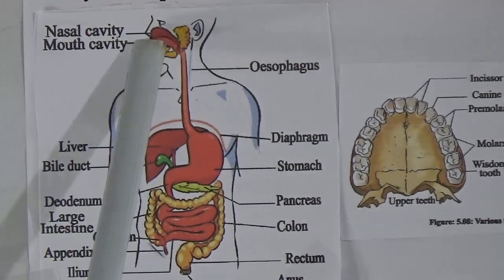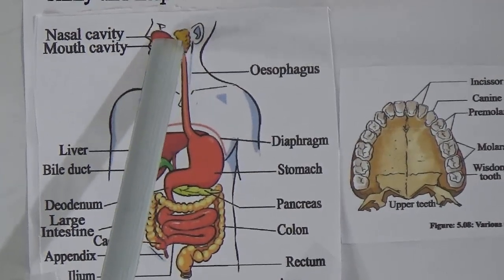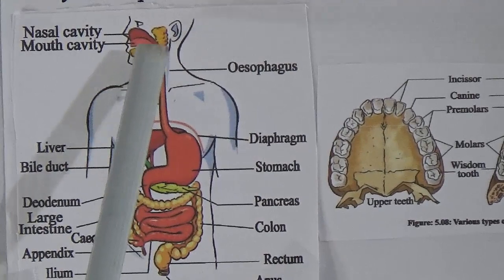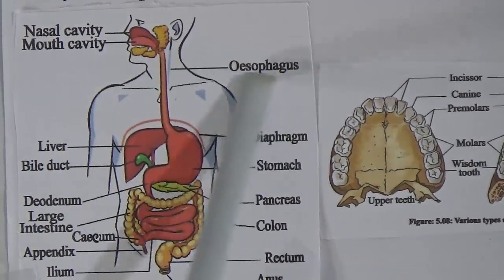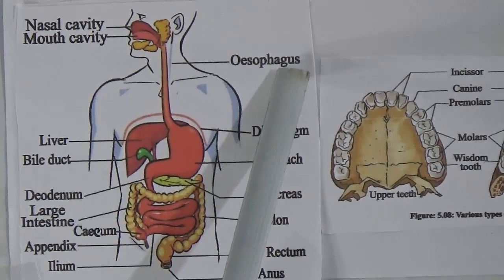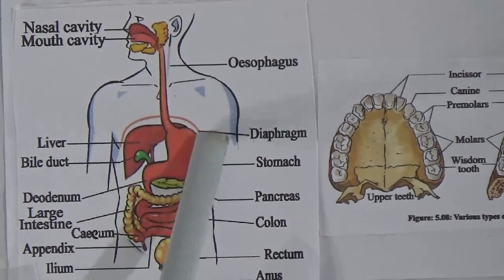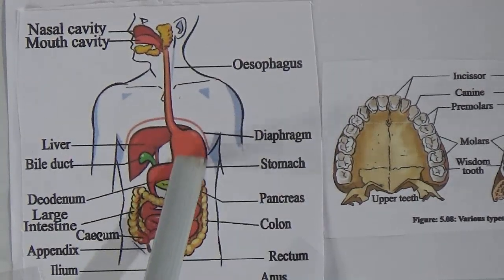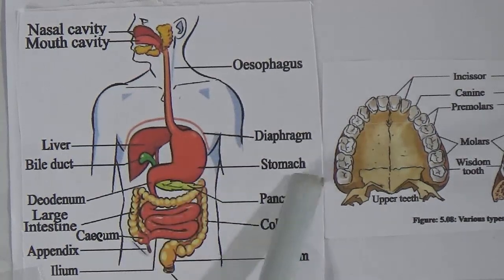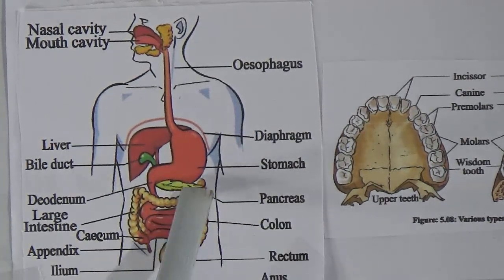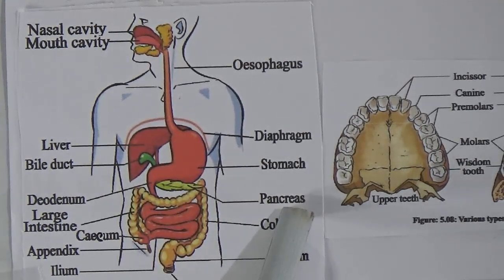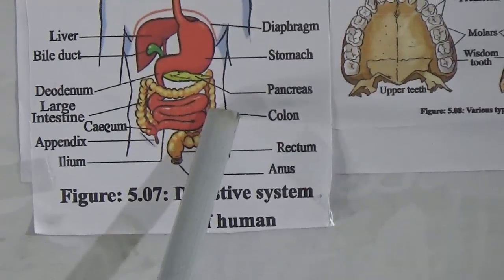Here is the mouth cavity, after that the buccal cavity, here is a gland, the salivary gland, and this is the esophagus, then there is a curve shaped diaphragm, and this is the stomach, like a bag, and this is leaf-like in shape. This is the pancreas. Look at it carefully. This is the pancreas and this is the colon.